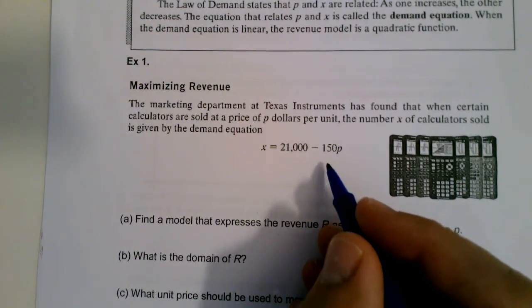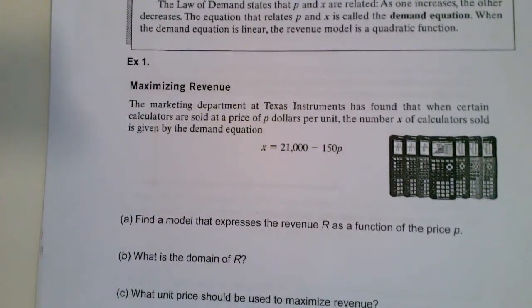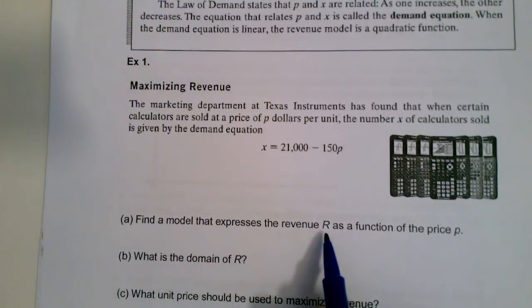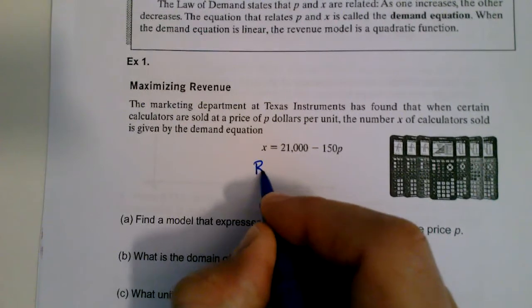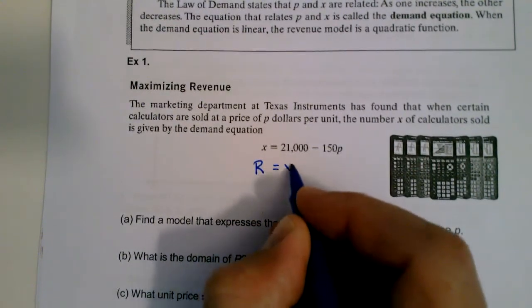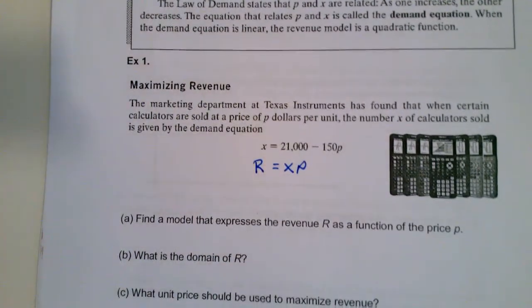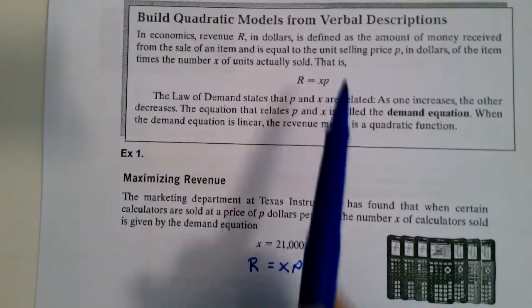Part A says find a model that expresses the revenue R as a function of the price P. So what does that mean? We want R in terms of P. The equation we know for R is R equals XP, which we found up here.